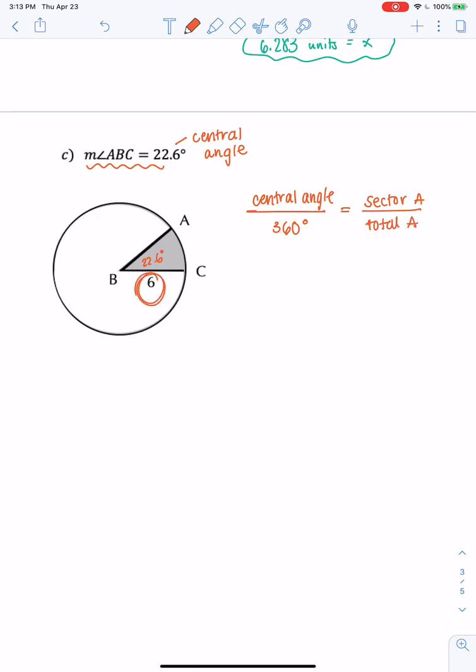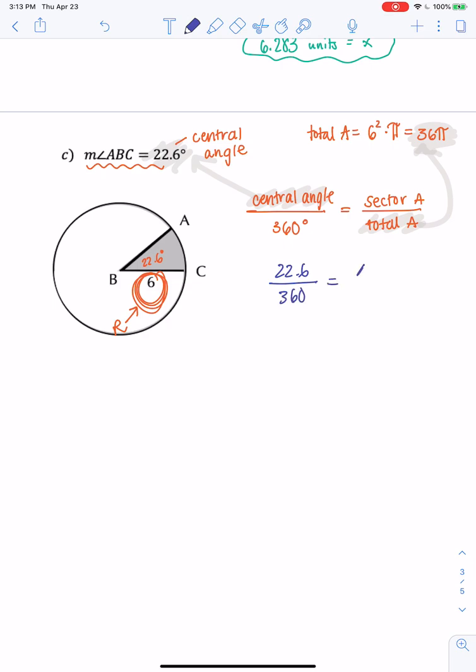We know that 6 is our radius, so our total area is going to be 6 squared times pi, 36 pi. And we're going to plug in the central angle, 22.6, and the total area, 36 pi. So we'll plug those into our equation: 22.6 divided by 360 equals sector area.